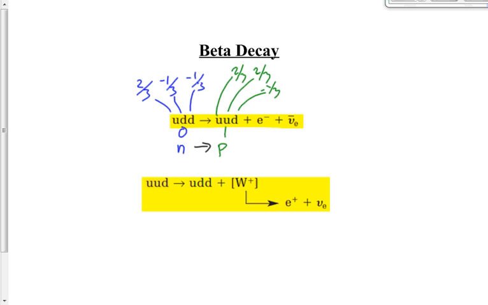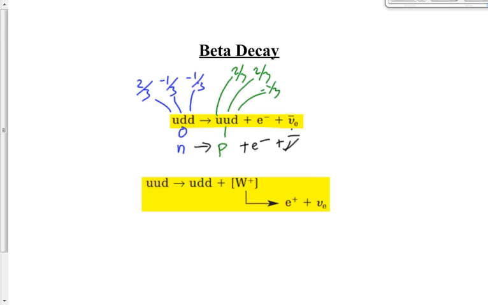Plus an electron. Plus an, no, not a neutrino, but you're close. Anytime we're dealing with the neutrino, it'll be the electron neutrino. But this isn't the neutrino, this is the anti-neutrino, right?